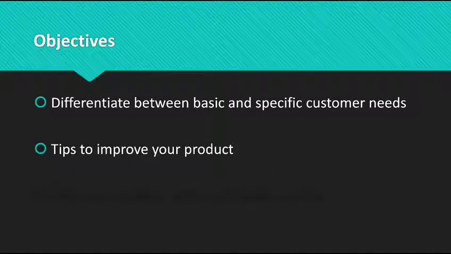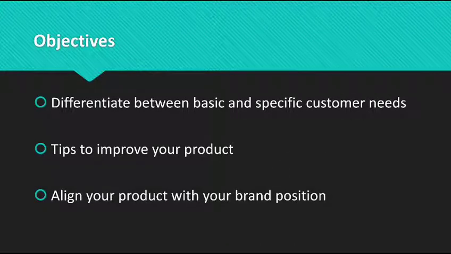And then we've got tips to help you improve your product. And lastly, the idea is to help you align your product with your brand position. You want people to think of you and your business in a certain way, and we hope that this is also going to contribute towards that. So let's get into it.